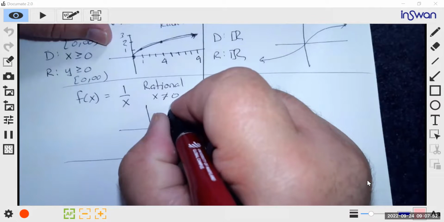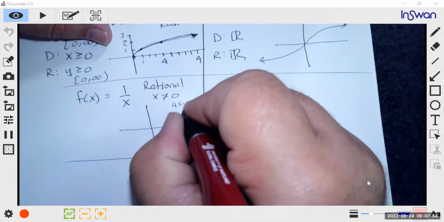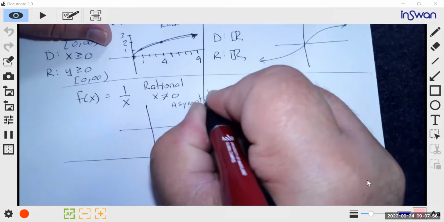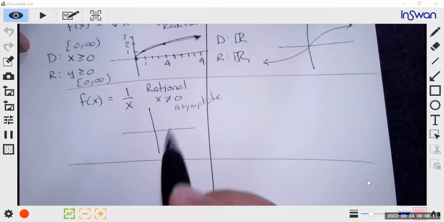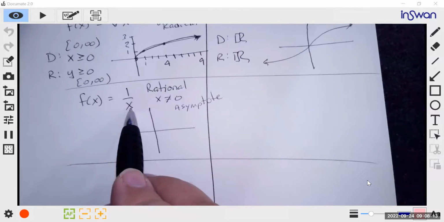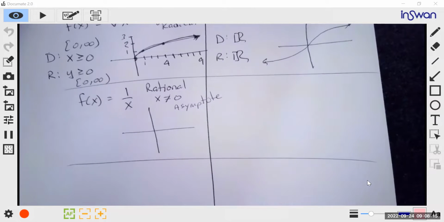And we call that an asymptote. An asymptote is simply a vertical line that the graph cannot cross because it'll make the denominator 0. A vertical asymptote. If x is 0, it's undefined. We can't use that.